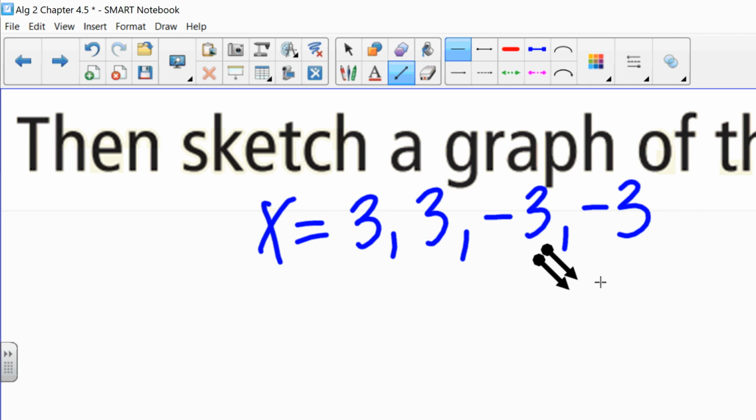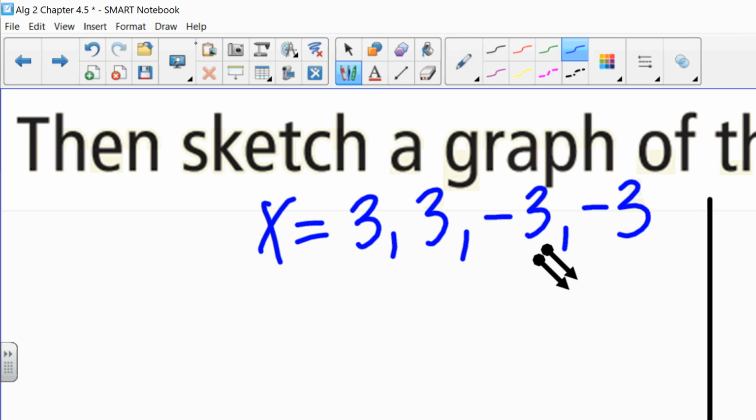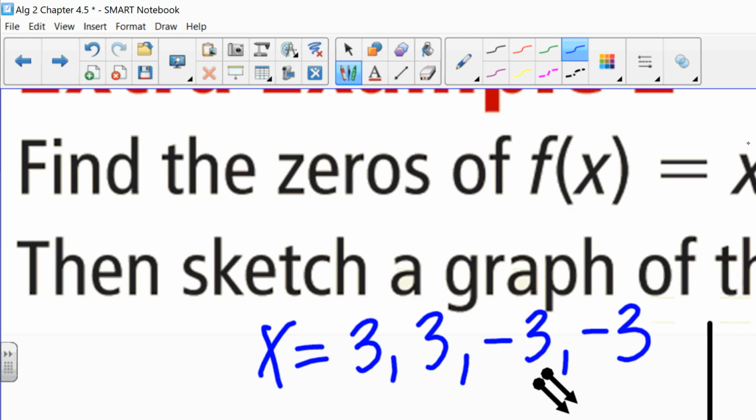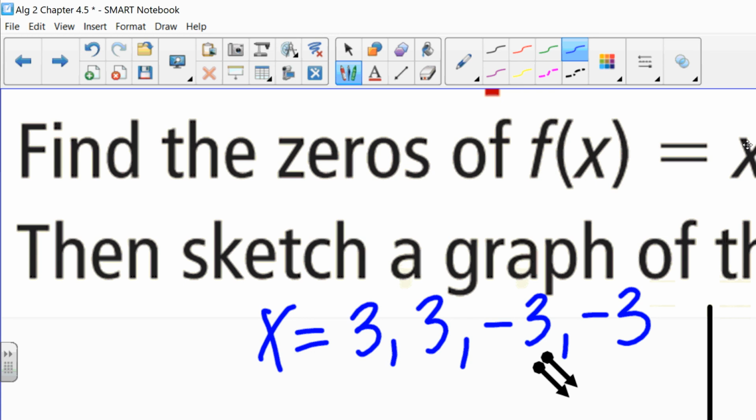I'm going to make a graph here, 1, 2, 3, 1, 2, 3, because I need to know that these are the solution points. Now we know that the degree is even, and the leading coefficient is positive, so it's going to open up.